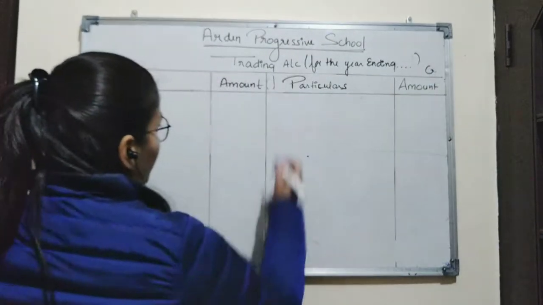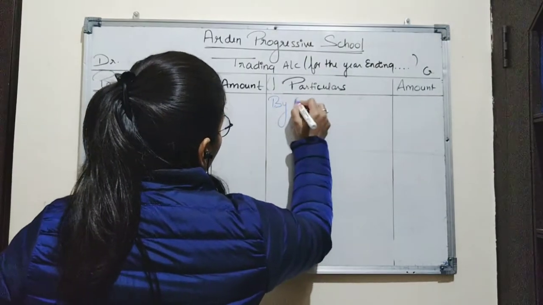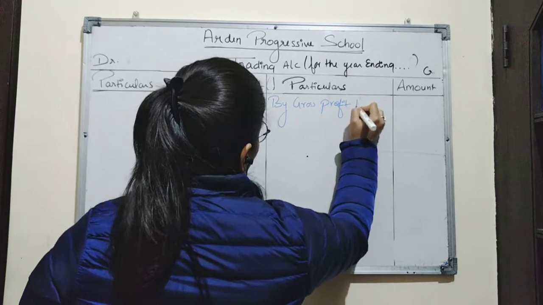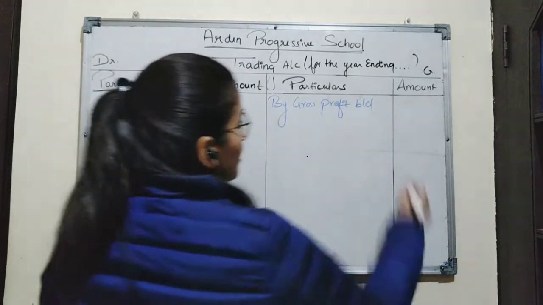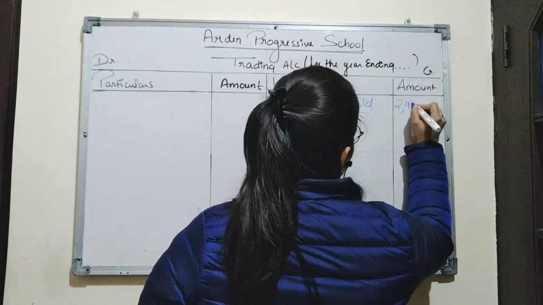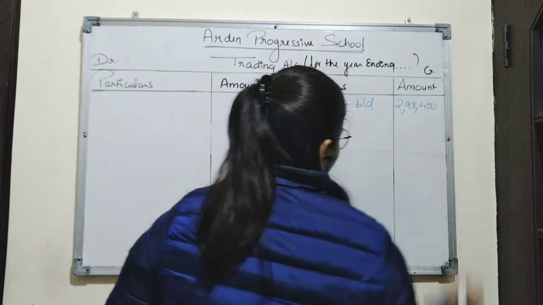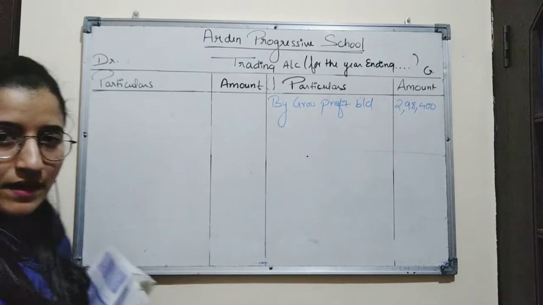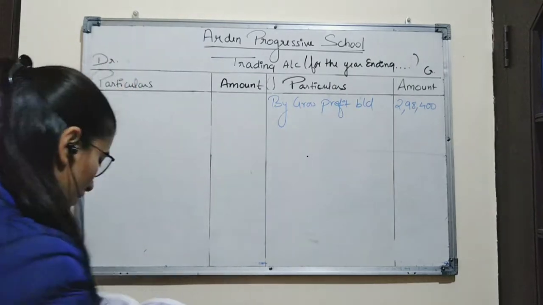So we'll write here by gross profit brought down. Amount was 2,98,400.